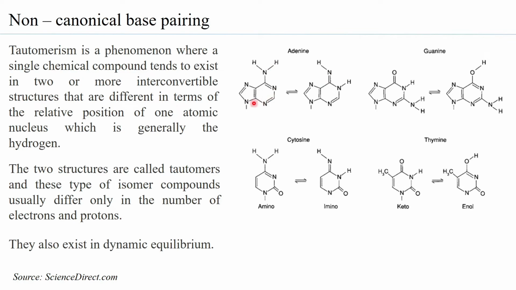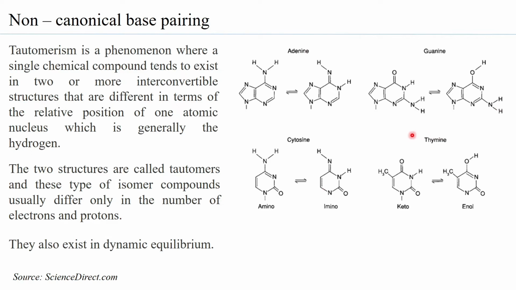Therefore this becomes the amino form and this becomes the imino form. So adenine can exist either in the amino form or the imino form, in a dynamic equilibrium. But what is noted is that most nucleobases typically try to be present as one tautomeric form. They are more stable that way.